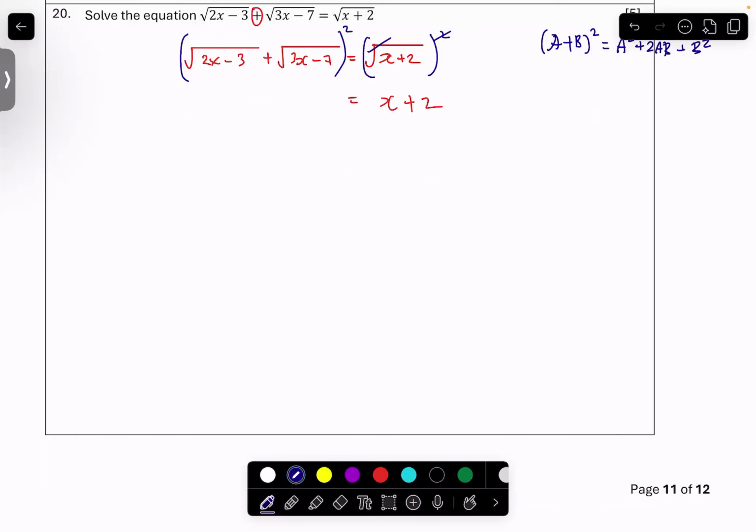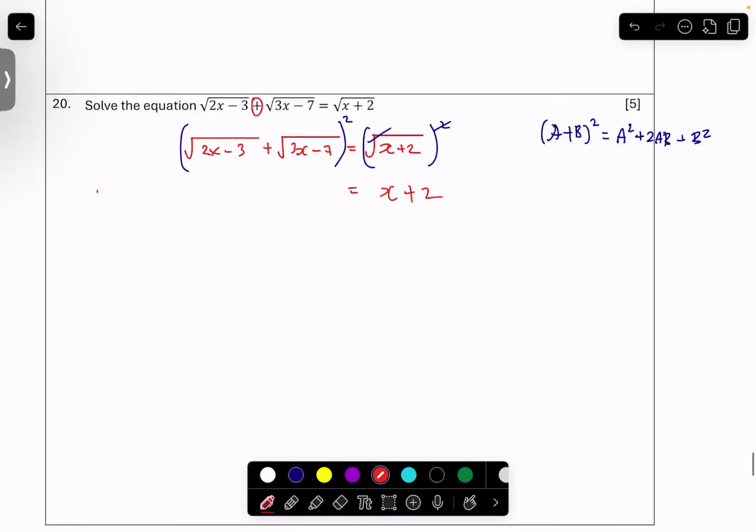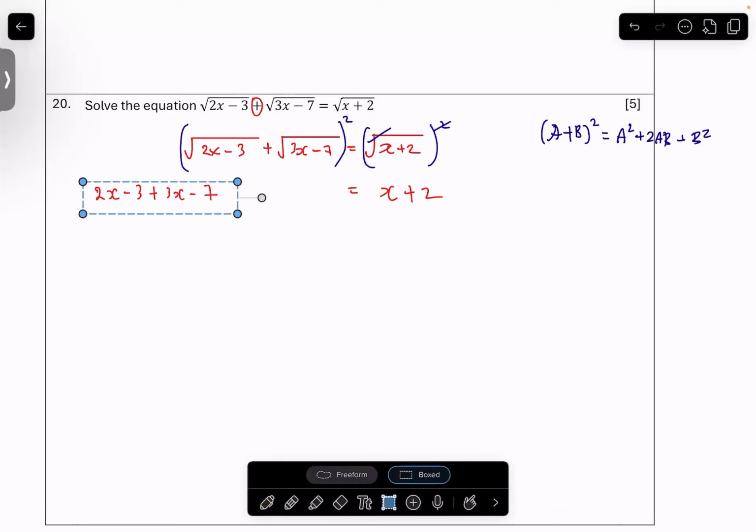Now on the left hand side, we'll get 2x minus 3 plus 3x minus 7, which is the a squared and the b squared. Let me present it better.